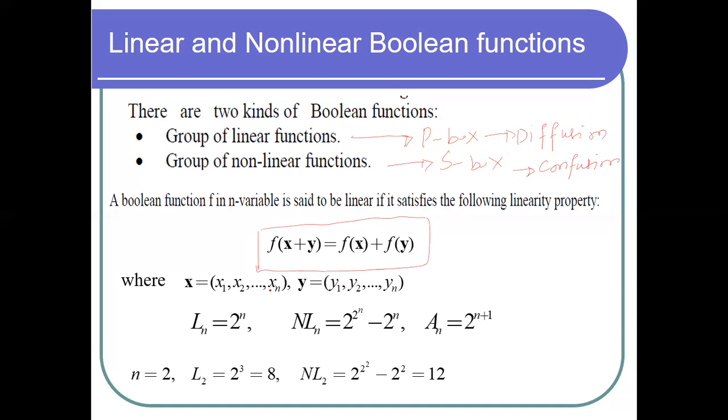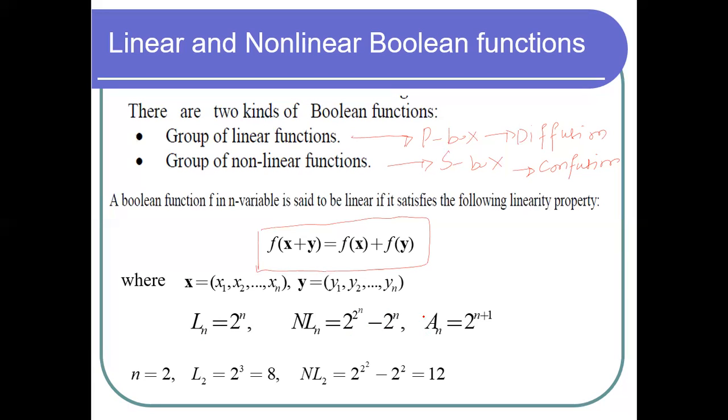Here x is an n-dimensional vector and y is also an n-dimensional vector. So how many linear functions can we construct on a binary vector space? These are 2 to the power n. Nonlinear Boolean functions that we can construct on n input Boolean functions number 2 to the power 2 to the power n minus 2 to the power n.